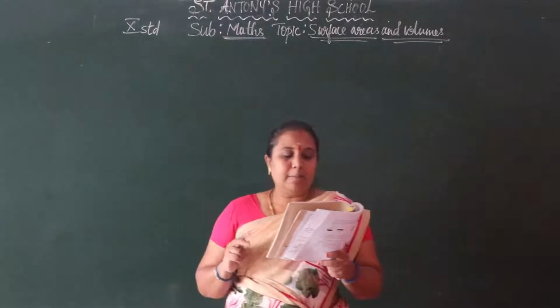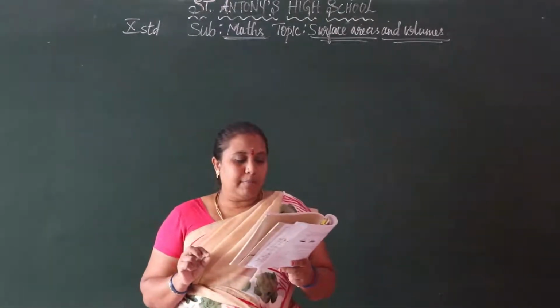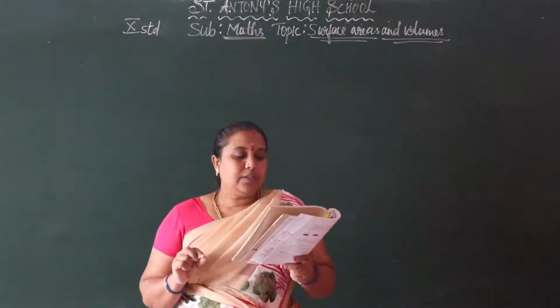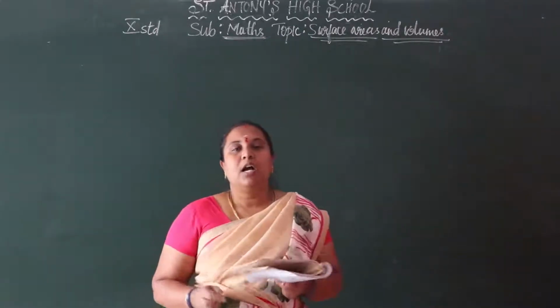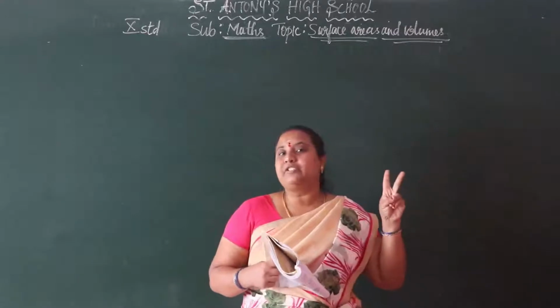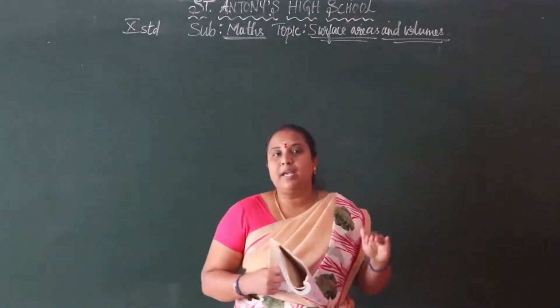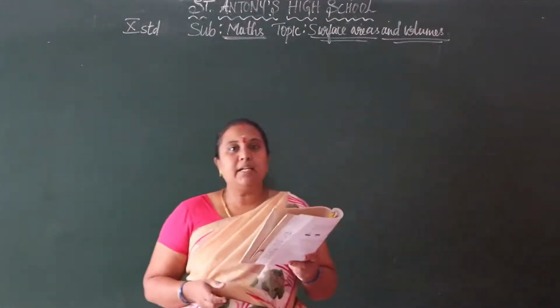The base of the block is a cube with edge 5 centimeter. The base is not a hemisphere. We have two solid shapes, a hemisphere and a cube, and the base is the cube with 5 centimeter edge.